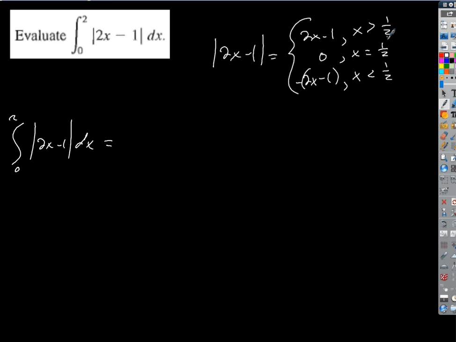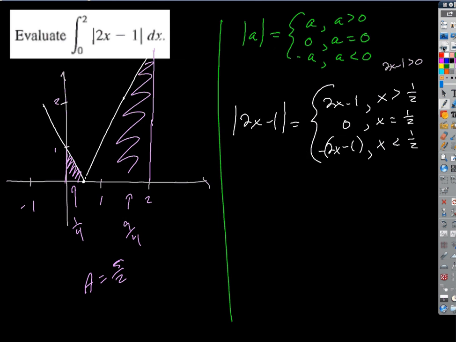So what do you think? We know what the area looks like, don't we? Looks like that. How do we add up that area?